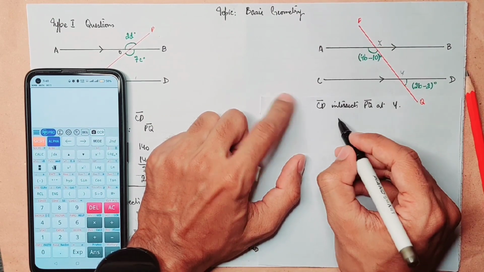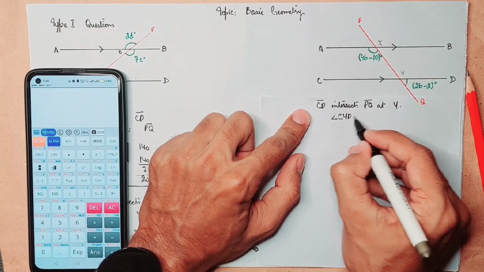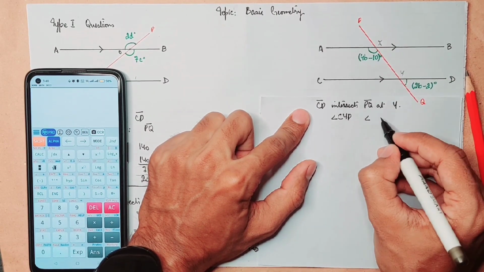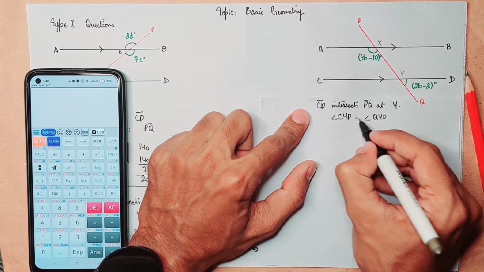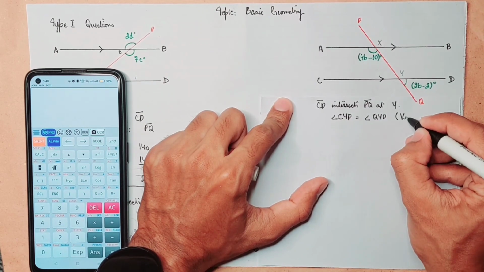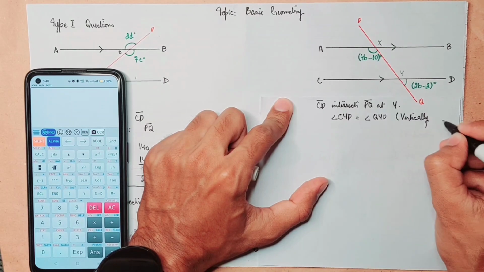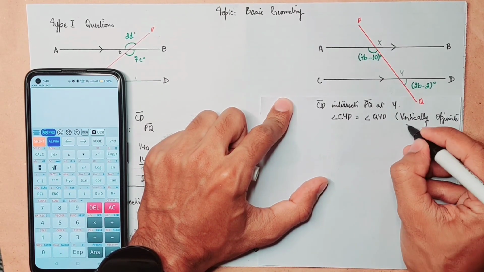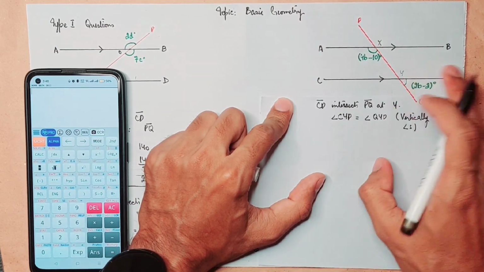Here angle CYP and angle QYD are formed, and these are equal by the property of vertically opposite angles. So I will mention the property. These two angles are equal by the property of vertically opposite angles.